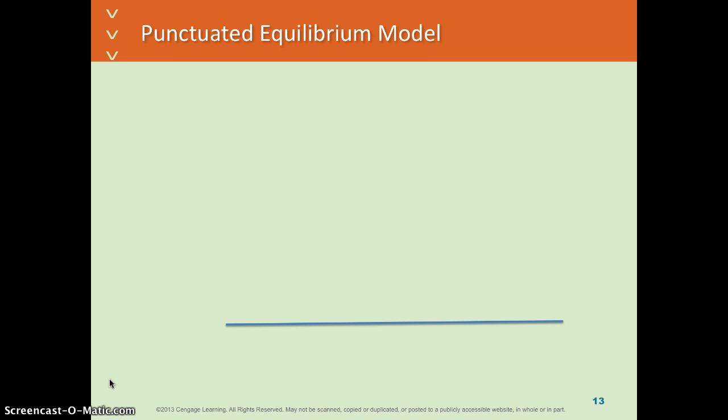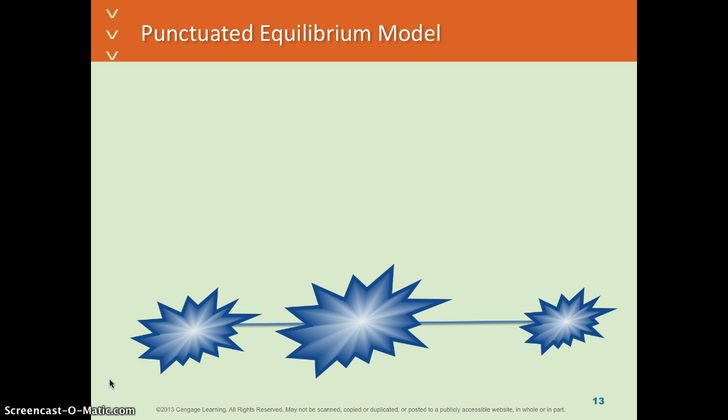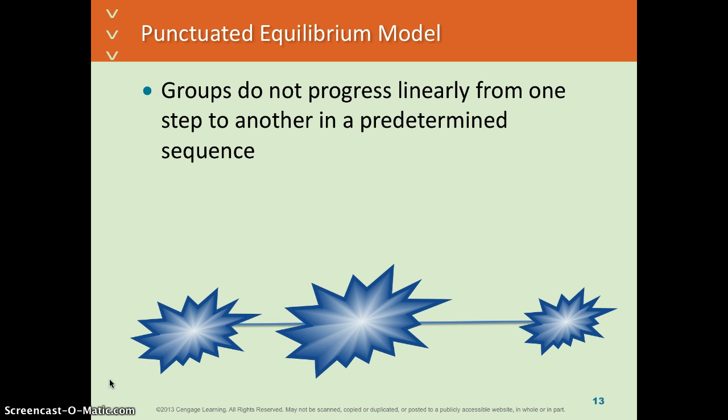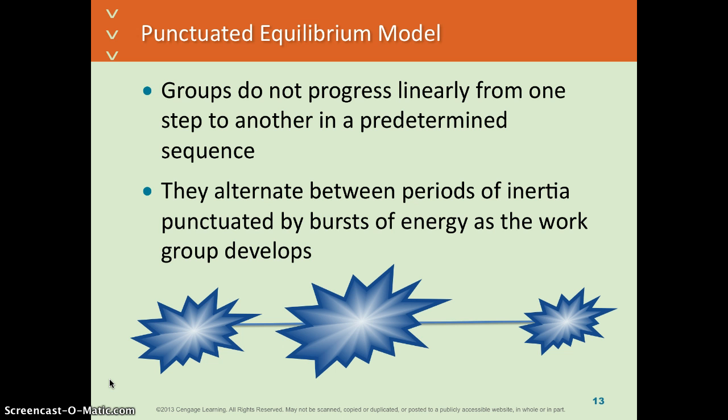Another view of group development. All groups don't necessarily progress linearly, as we described in the earlier 5 stages. They will sometimes have periods where they're kind of not doing much, and then something will happen to make it much more active. A mature group. They have a mission.